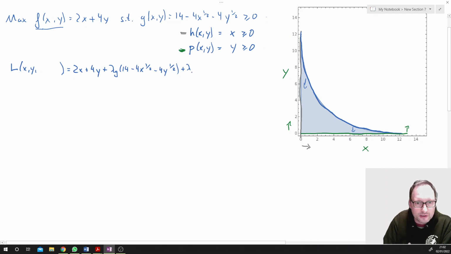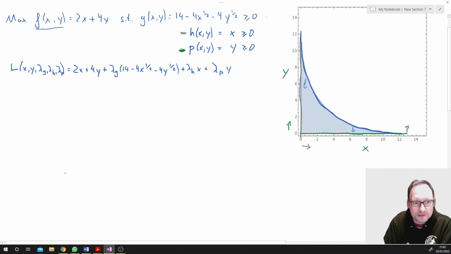So we're having a Lagrangian multiplier, which I call lambda h, times the h function, that's just x, plus lambda p times the p constraint, that's just y. So this is our Lagrangian function. Let's complete that here. We're having 3 Lagrangian multipliers.